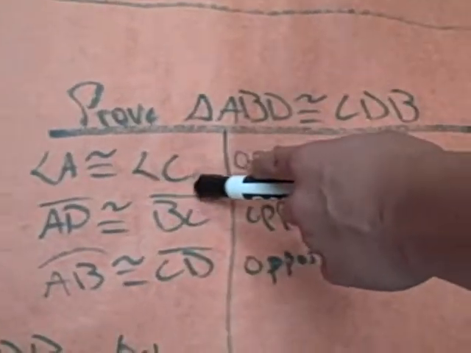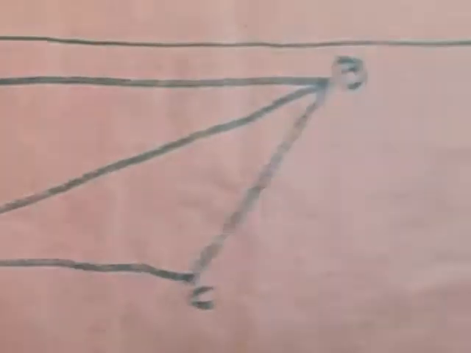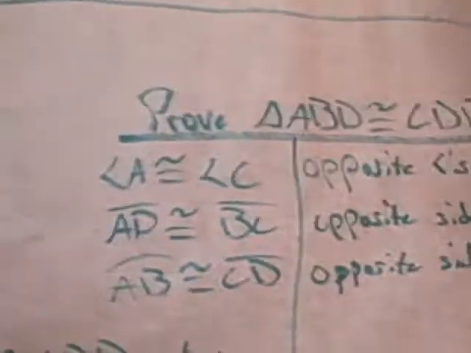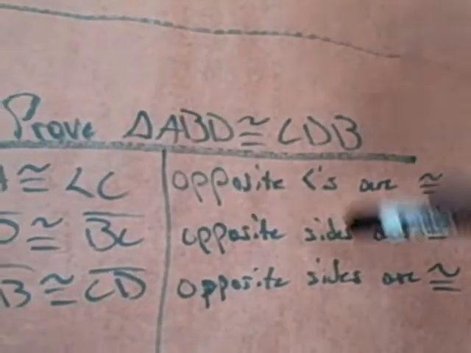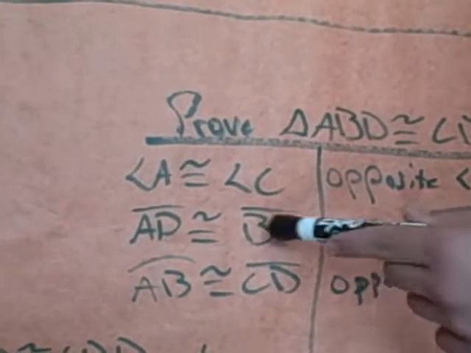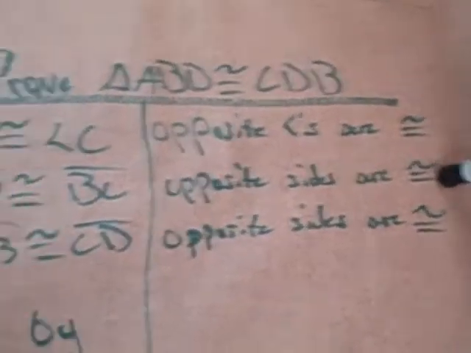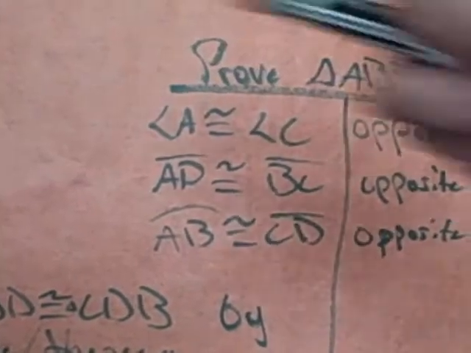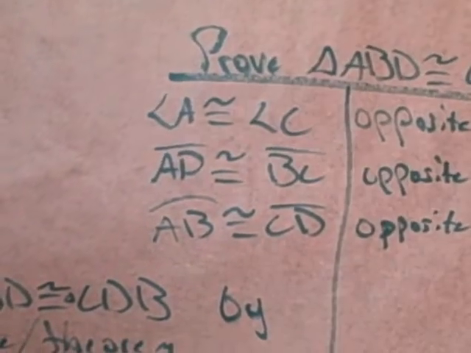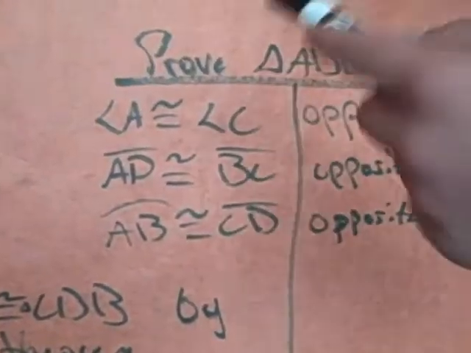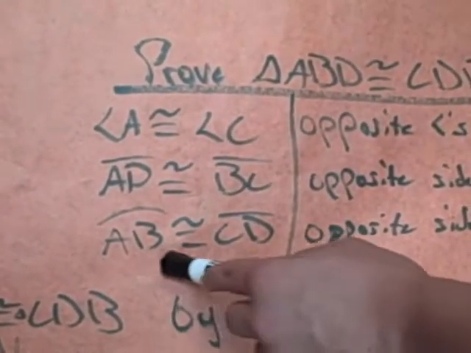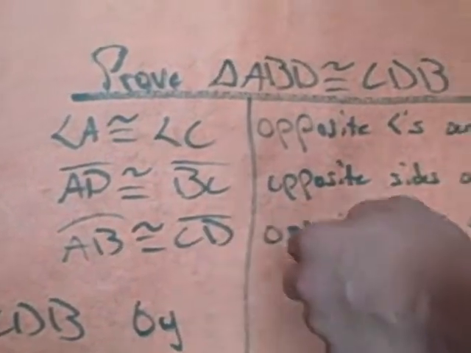Angle A is equal to angle C. Opposite angles are congruent, and I guess those would be alternate interior angles. AD is congruent to BC. Opposite sides are congruent. And then AB is congruent to CD.